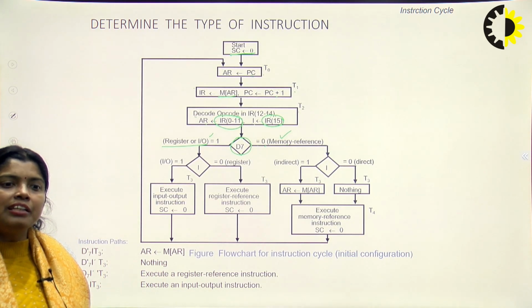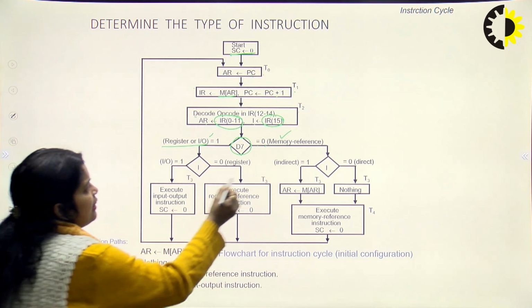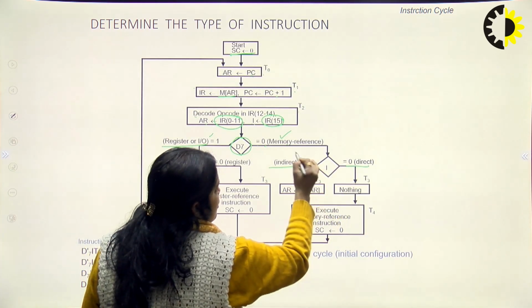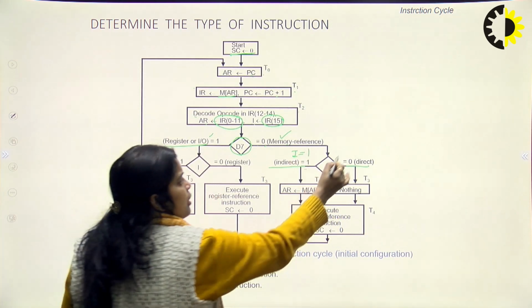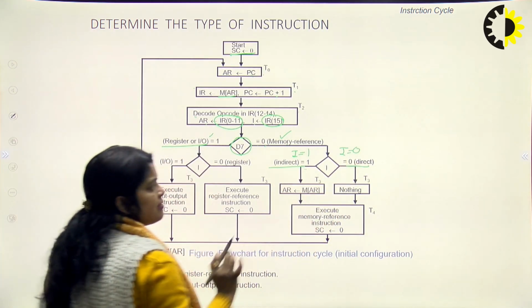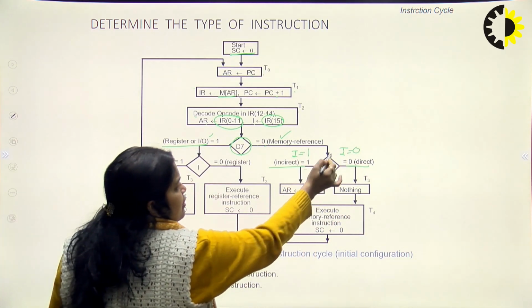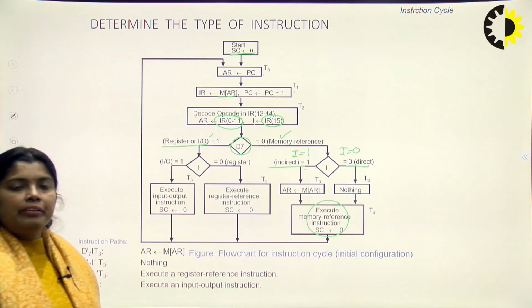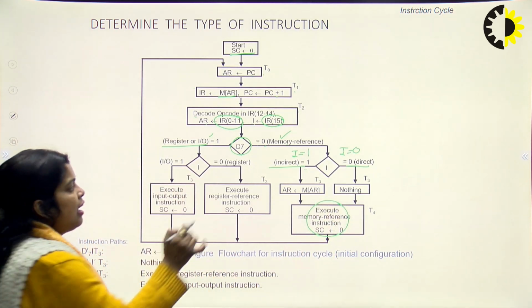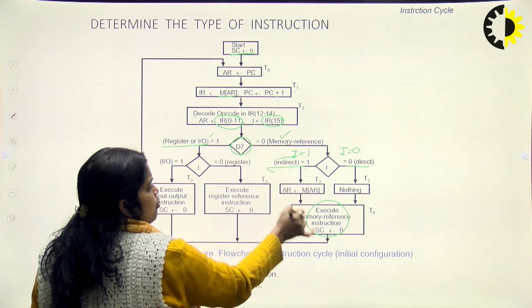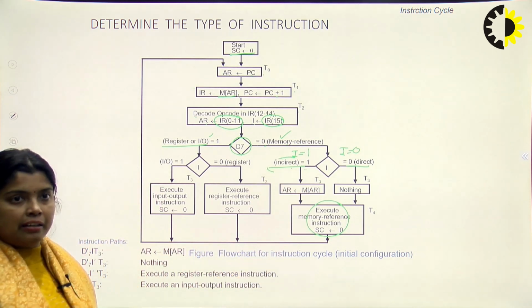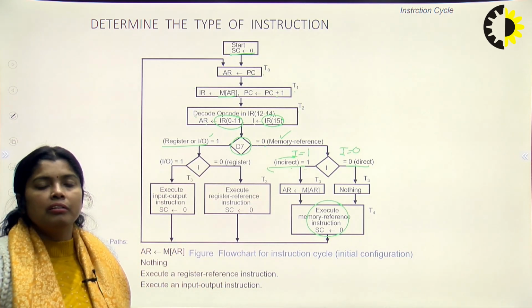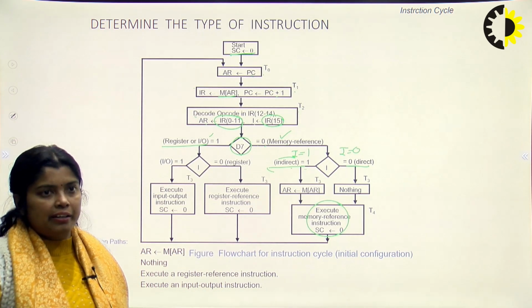With D7 equal to 0, you check the mode I. If I equal to 1, it is the indirect mode, and if I equal to 0, it is a direct reference instruction. Because in a direct reference instruction there is no calculation of the effective address. And if it is an indirect address, you have to calculate the effective address. That's why here it is written as MAR to AR, because this is the time for effective address calculation.